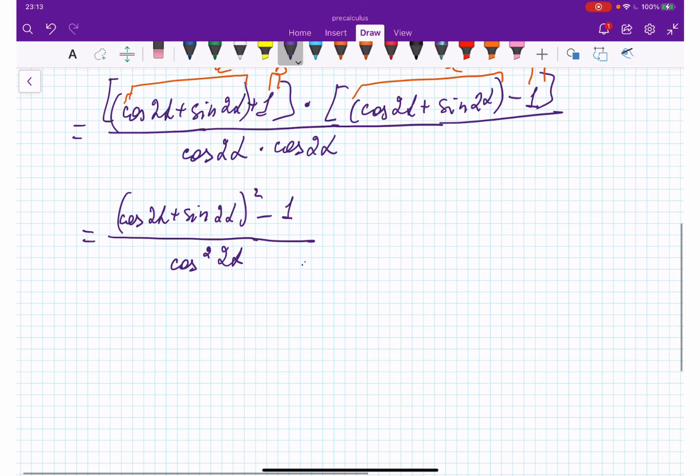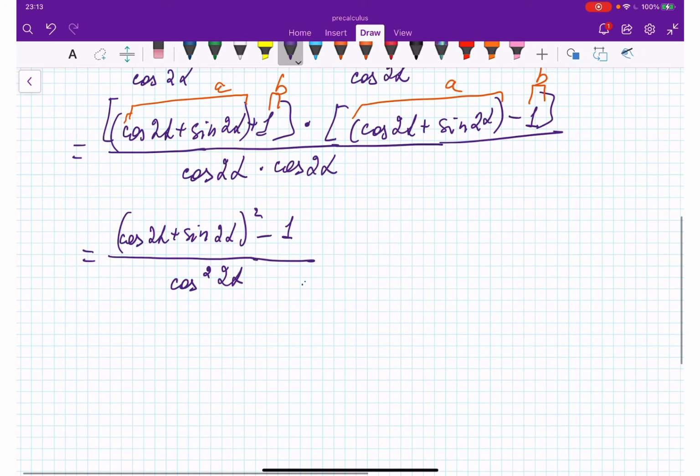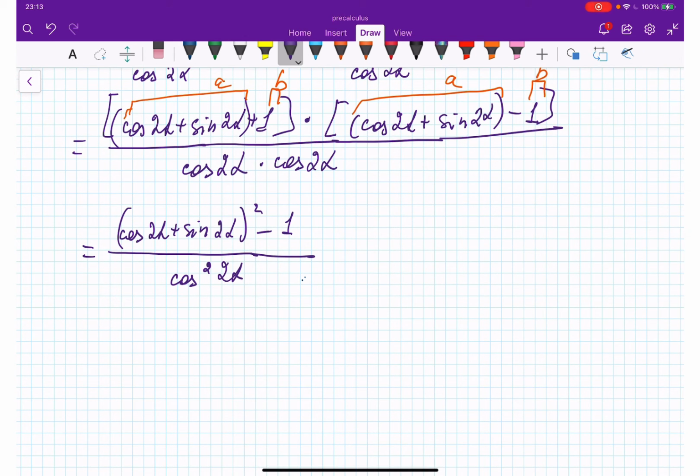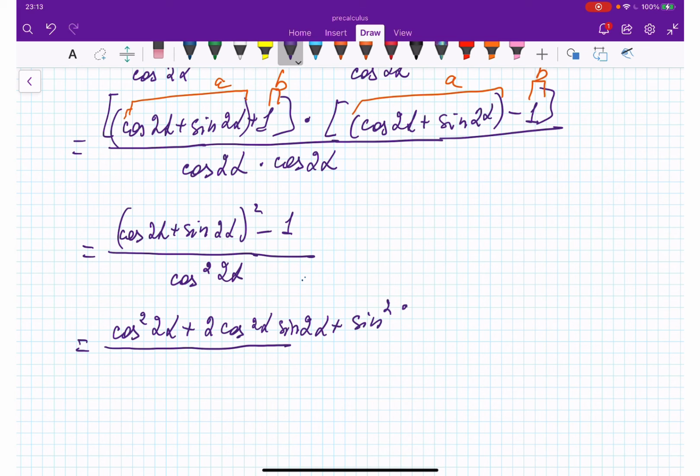Okay, now cosine alpha plus sine alpha. Let's open this parenthesis. It's like a plus b squared. It's going to be cosine squared alpha plus 2 cosine alpha sine alpha plus sine squared alpha minus 1 over cosine squared alpha.